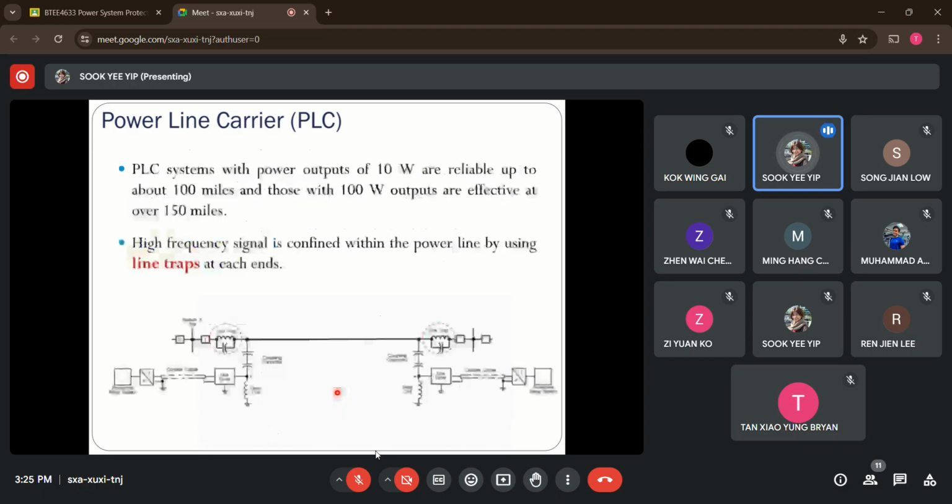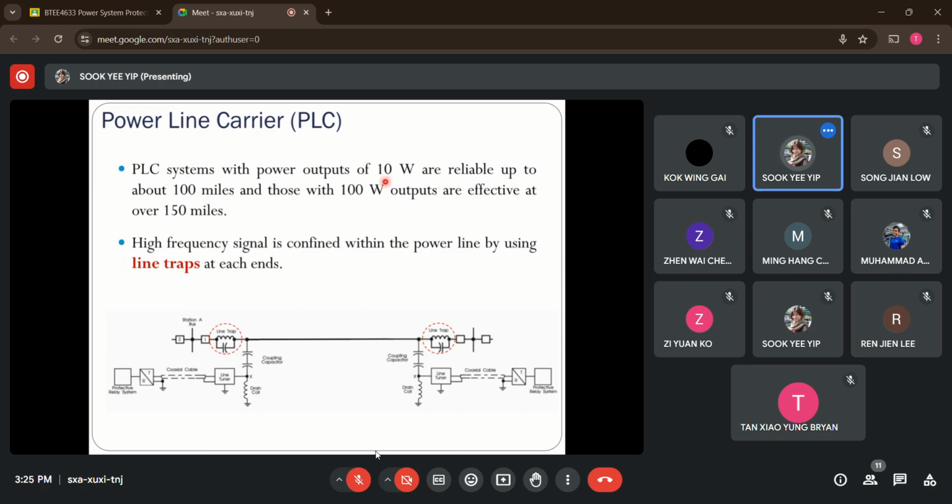Now, how far the signal can be transmitted is based on the power output of these power line carriers. For example, if you have a power line carrier system with an output power of 10 watts, it can give you a transmission distance of up to about 100 miles.